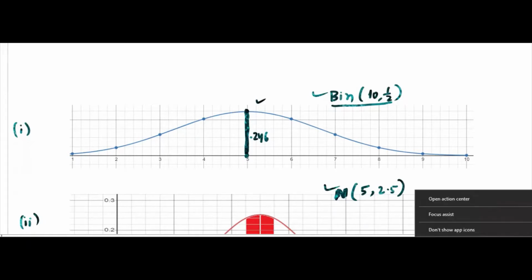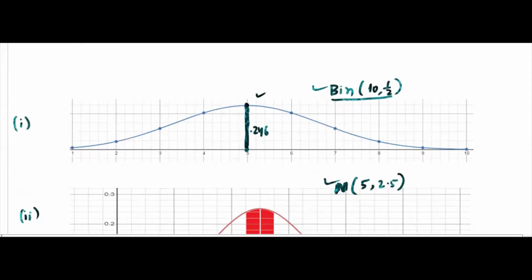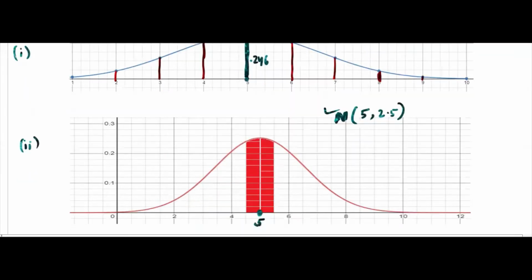Here we have only a value at 4, a value at 3, at 2, at 6, at 7, at 8, at 9. Whenever we talk about 5 here, you think that 5 is actually 4.5 to 5.5.